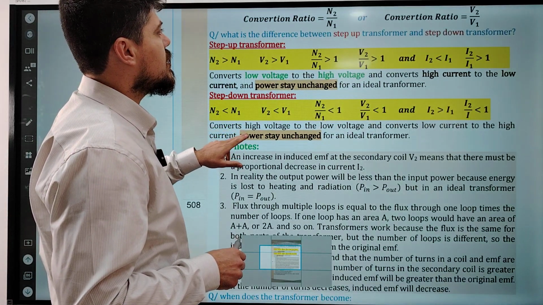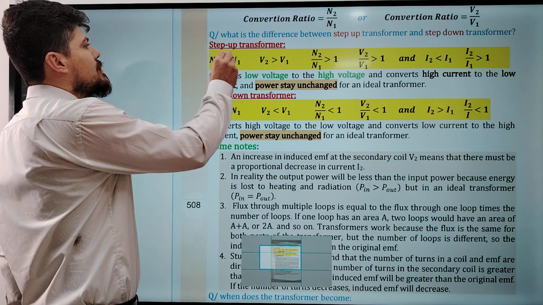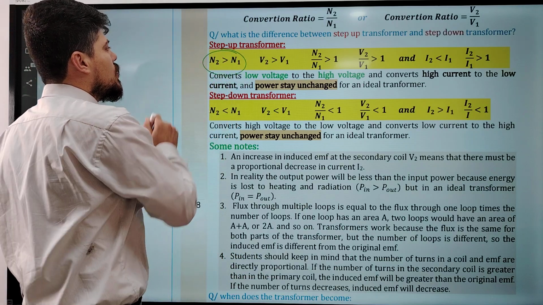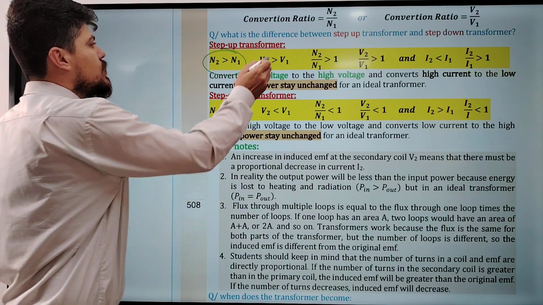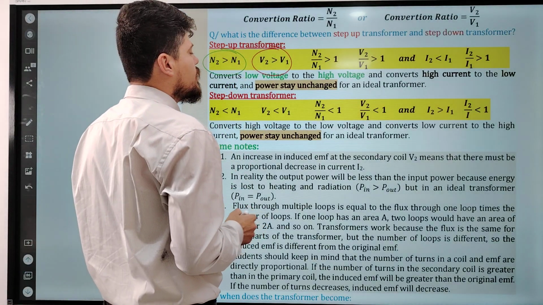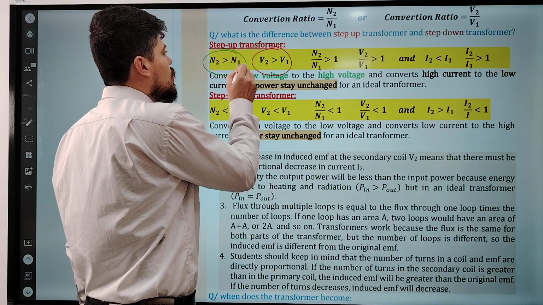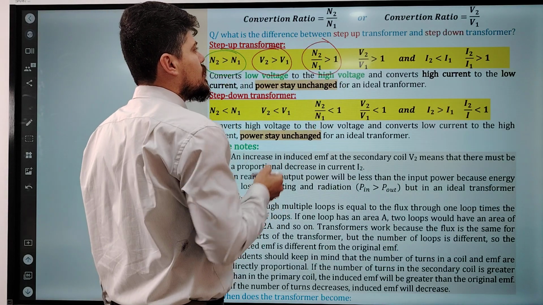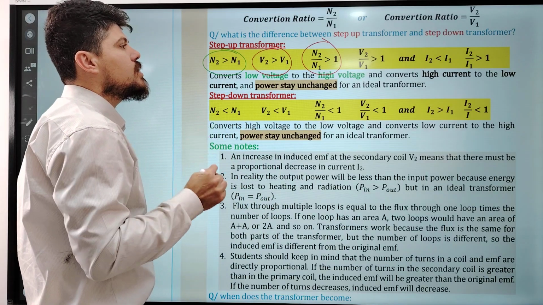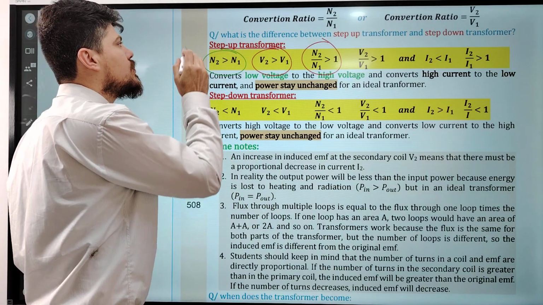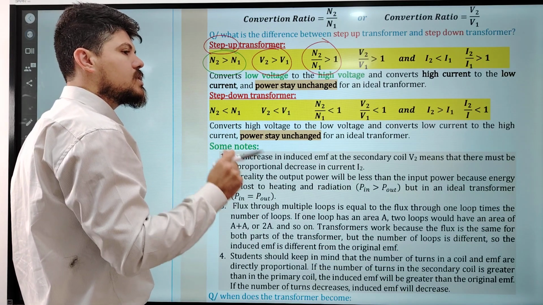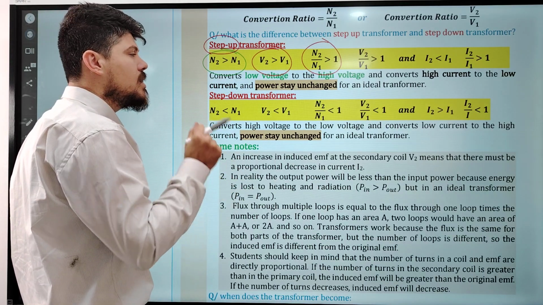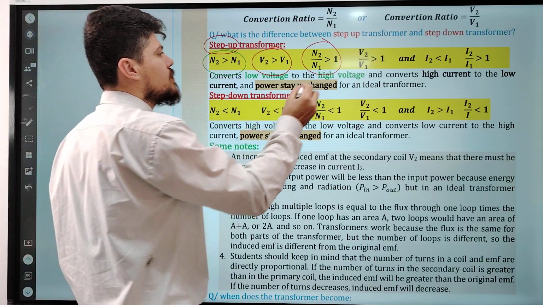What is the difference between step up and step down transformer? In step up transformer, N2 is bigger than N1, so V2 is also bigger than V1. N2 over N1 should be bigger than 1. It means that the conversion ratio must be greater than 1 for a step up transformer.